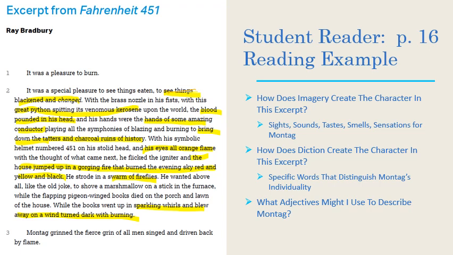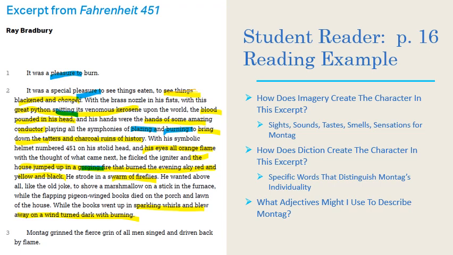And then if we look for specific diction, right, what am I noticing here? I'm noticing the word pleasure comes up a couple of times. I'm noticing the word spitting, and I'm noticing, let's see, blazing and burning, and I'm noticing gorging, a couple more here.